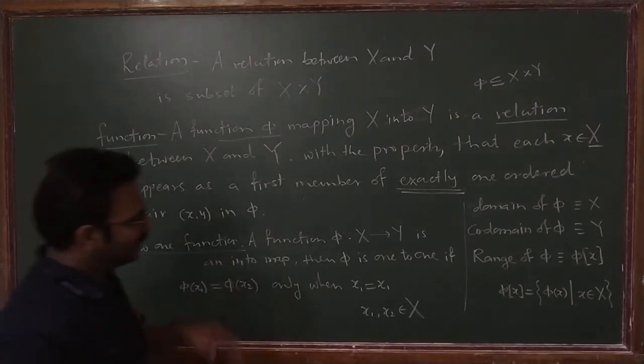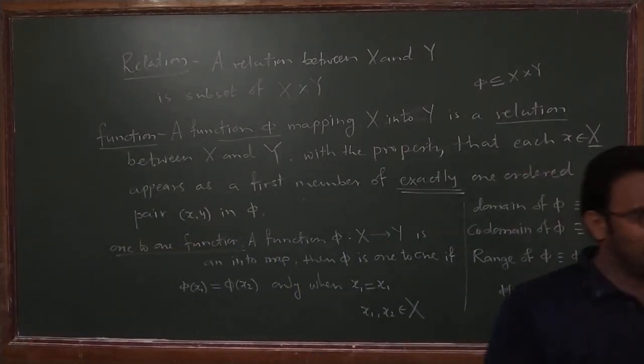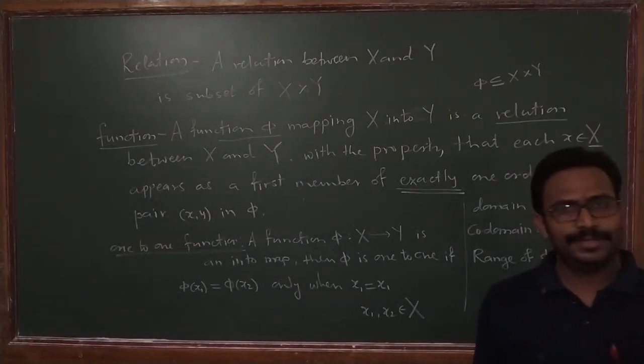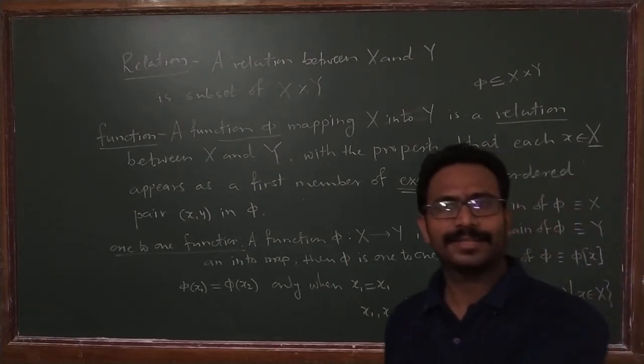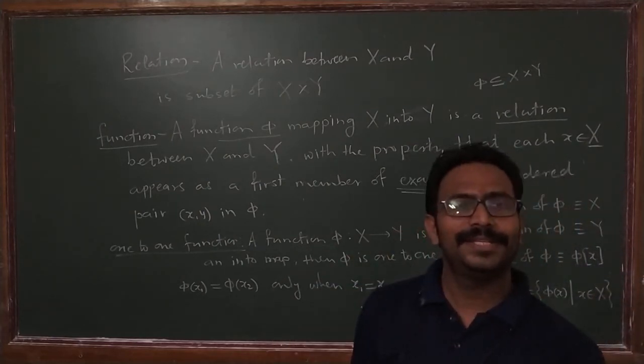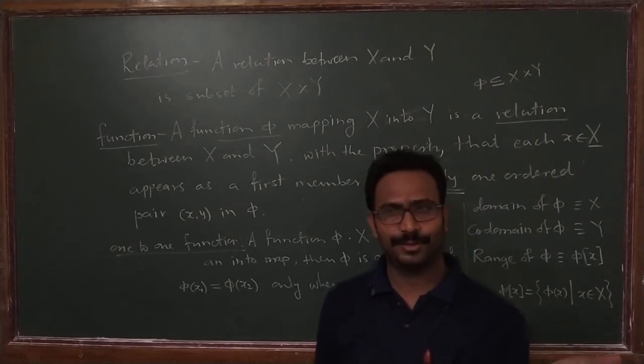So if the images are the same, the function is 1 to 1. If the images are the same, then their pre-images, the elements from the domain, have to be the same.